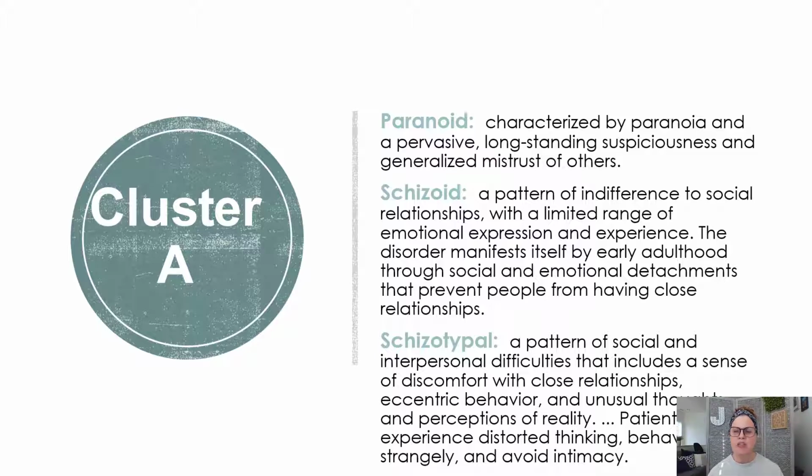So they usually have kind of a distorted pattern of thinking. Their behavior is going to be a little strange. That's where the word eccentric comes in. And they don't want close relationships with people. And that comes from their distorted thinking.